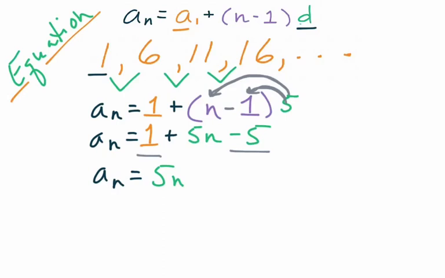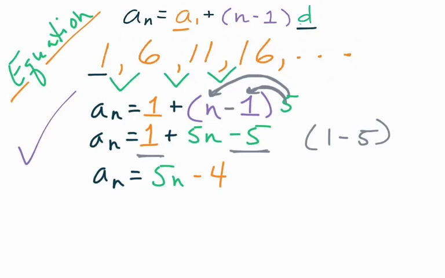And then we're going to do this part over here, where basically we're doing a 1 minus 5 from these values right over here that I have underlined in gray. Well, 1 minus 5 is negative 4. So I'll write that out here in orange, minus 4. And then check it out. We actually have the explicit equation completely simplified all the way down to a of n equals 5n minus 4. So we've got the equation done.